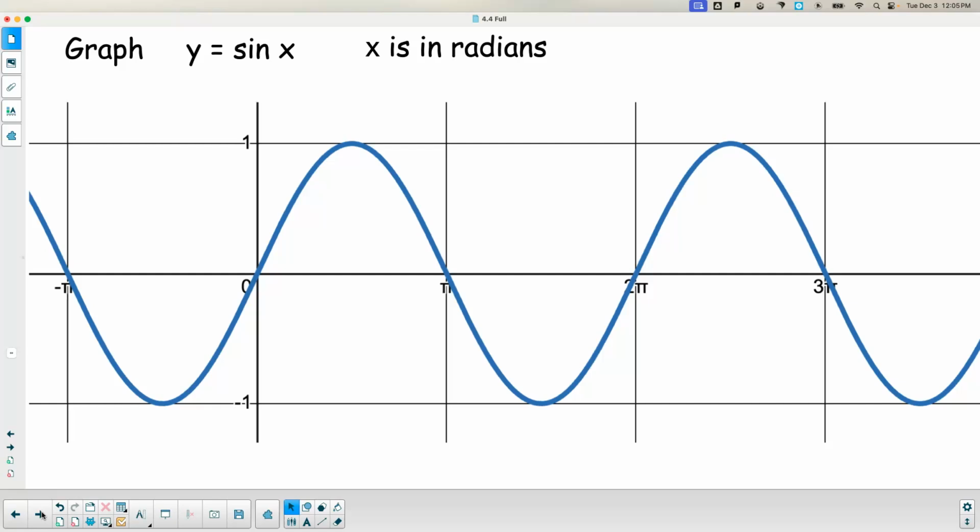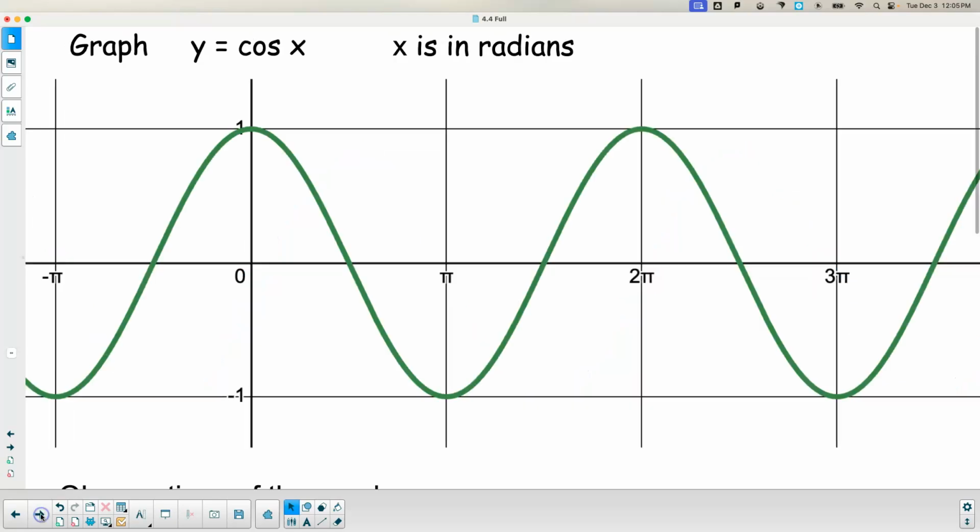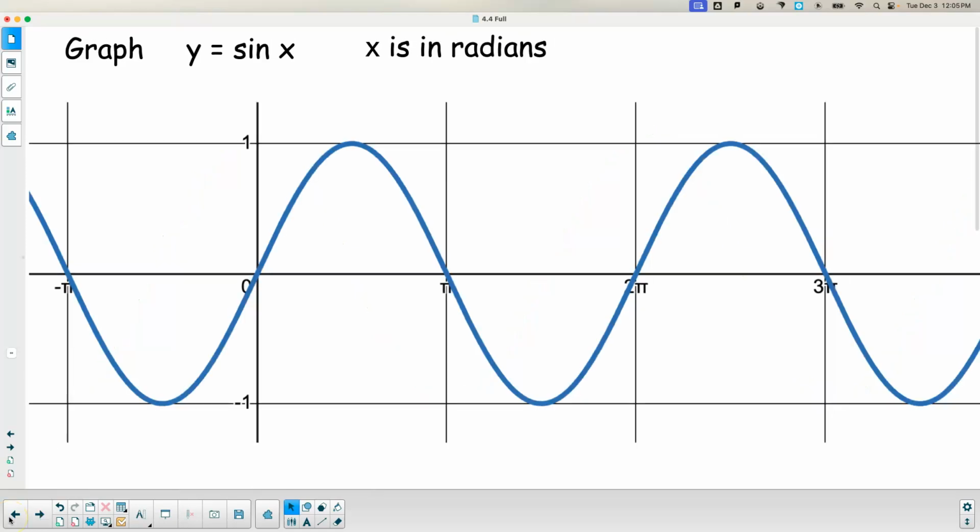And we found that the sine graph looked like this. We also found that the cosine graph looked like that. They were both very similar, except they started in different spots. So for us, sine started at 0, 0, and then went up, came back down, went back up, and ended.